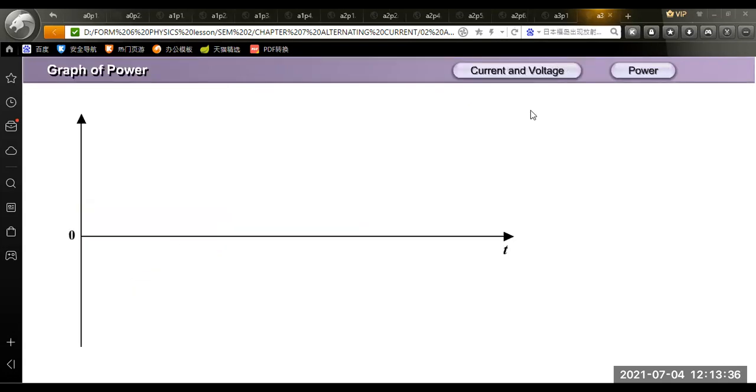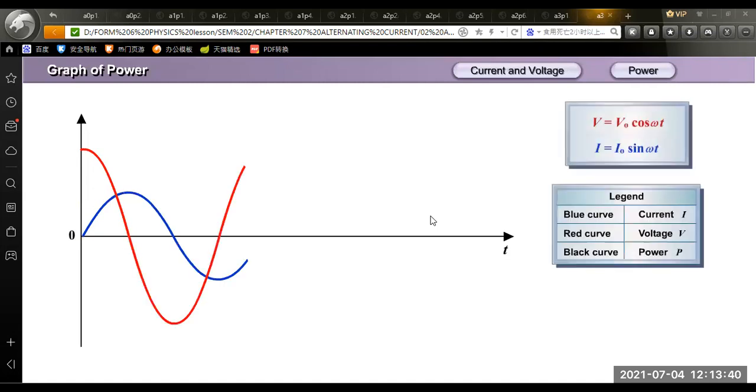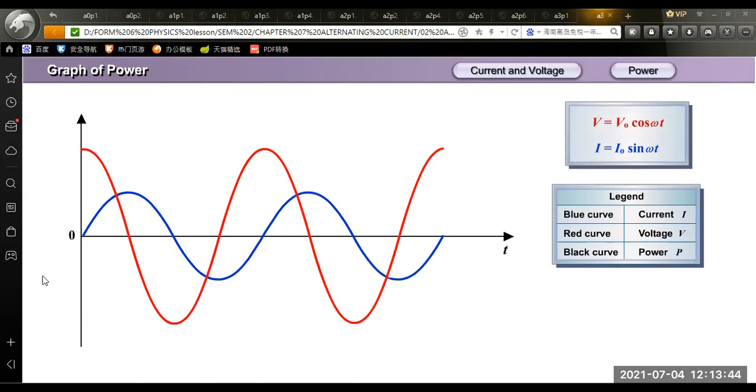Okay, look at the graph and the voltage. The voltage is leading the current. The blue curve shows the current and the red curve shows the voltage.